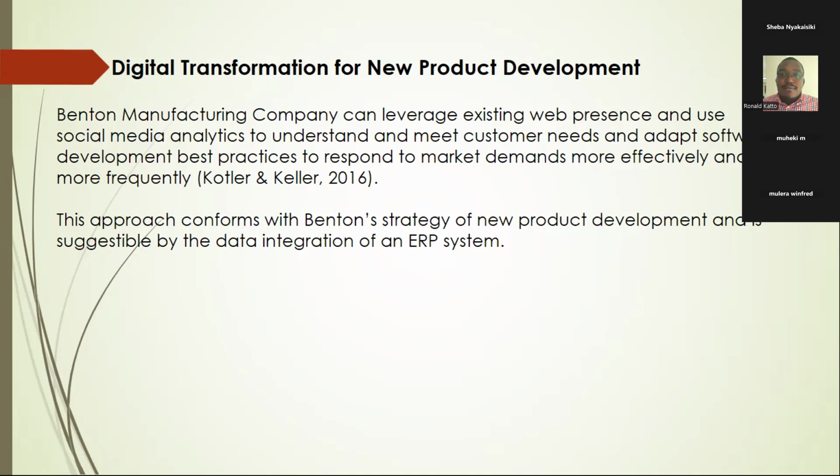If some people want to know how the product is moving and if it is good, sometimes they post questions to know how the product is moving in the market, and if it is good, so they can easily make changes. Those are some of the social media analytics they can do. This approach conforms with Benton's strategy of new product development and is supported by the data integration of an ERP system.